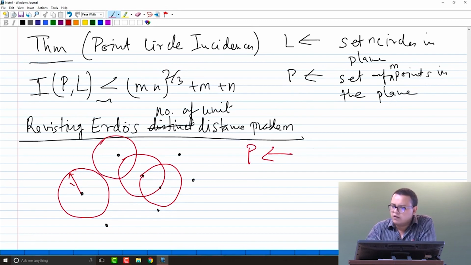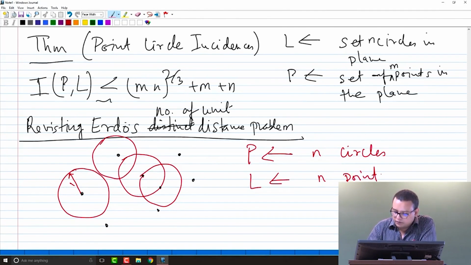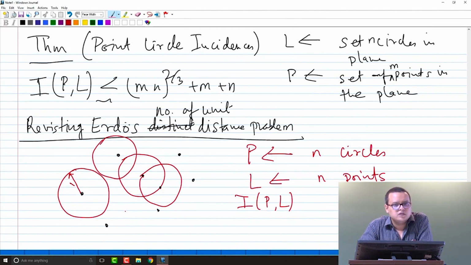Okay. So, now I have a family of circles. How many circles do I have? N circles, and the number of points, n points. I know the bound for this: I of p comma l, the number of incidences between these red circles and black points.